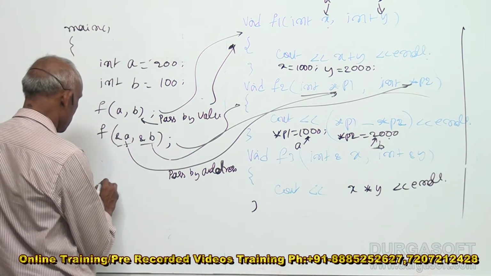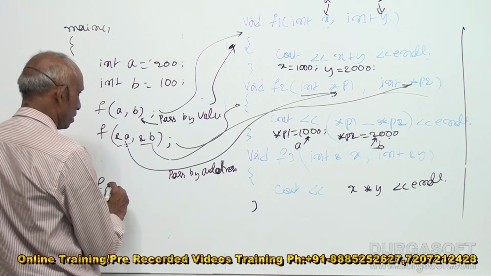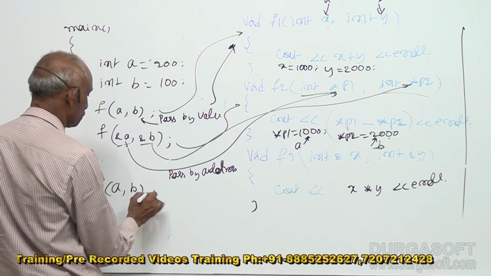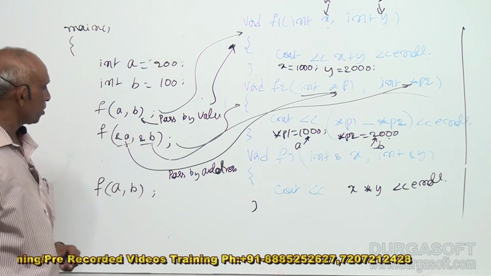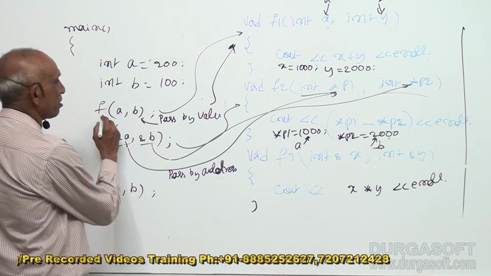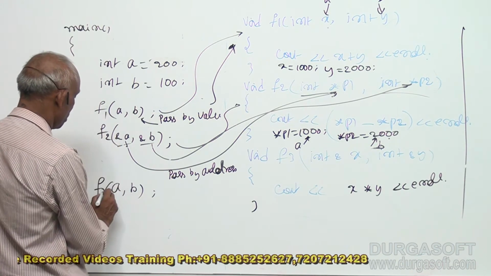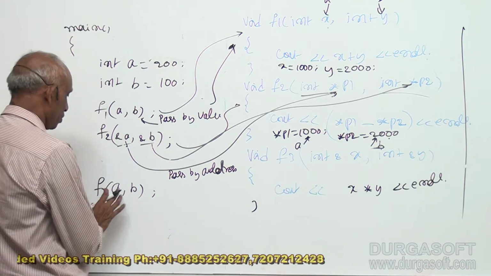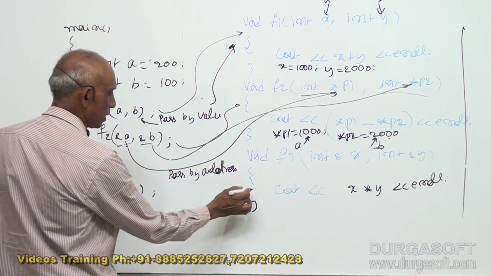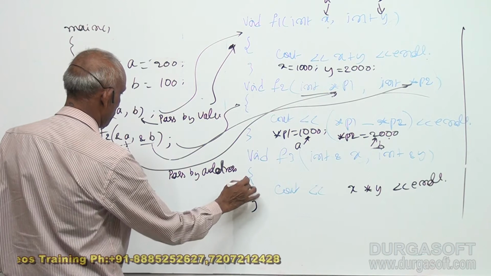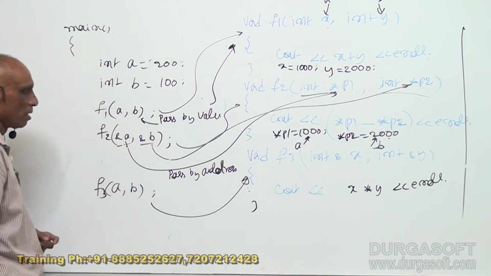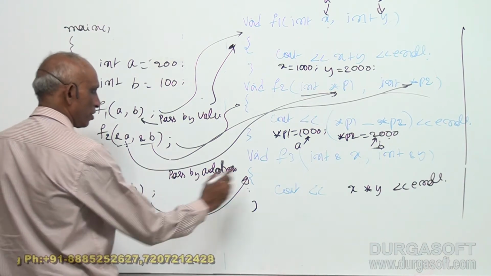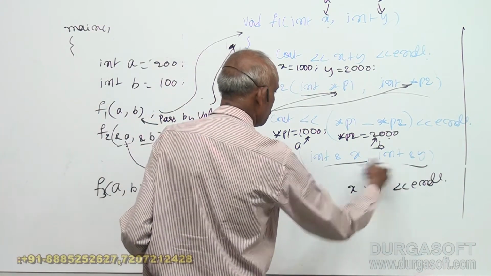Now the third is reference. For reference also we pass only variables. This is f1, this is f2, this is f3. So f3 a comma b. This is pass by reference, because here it uses references.